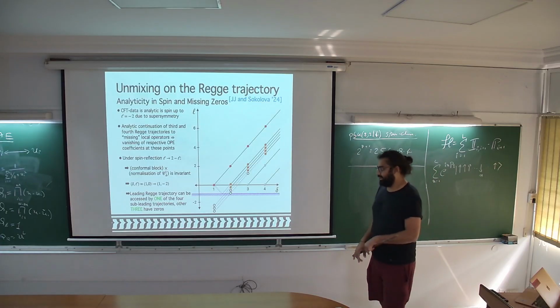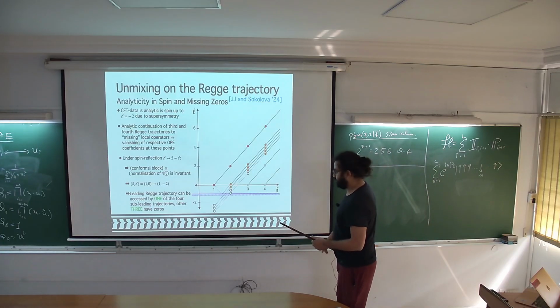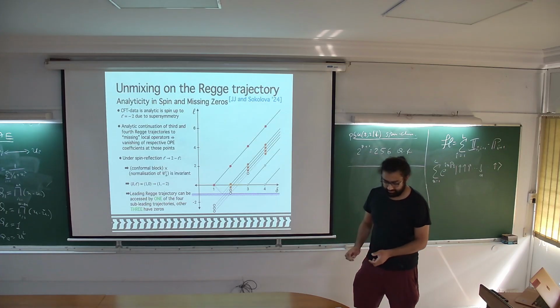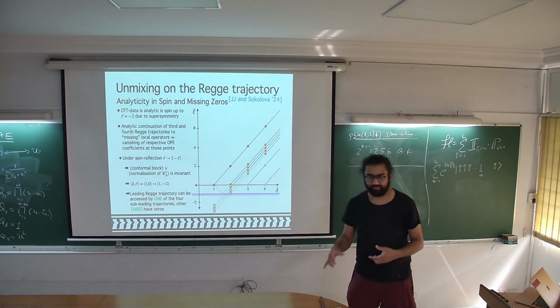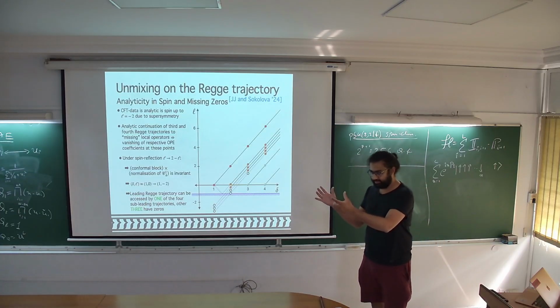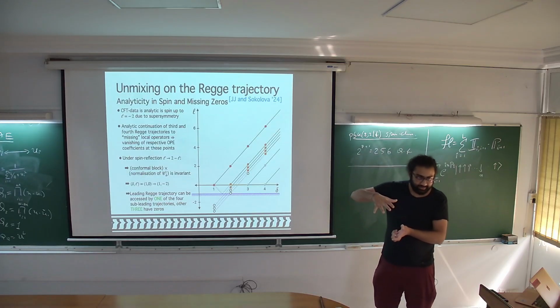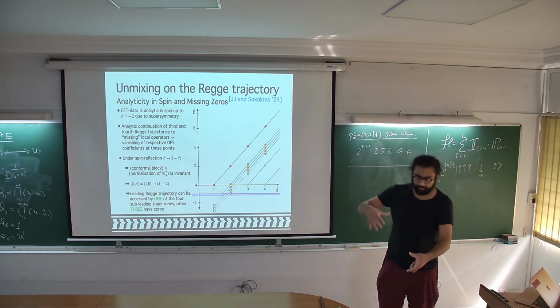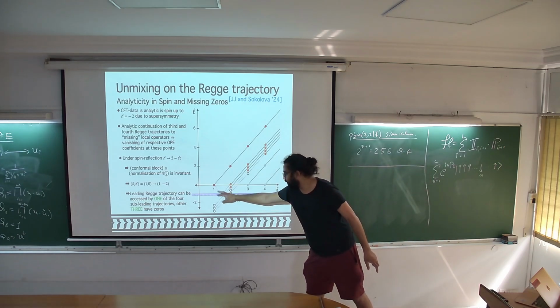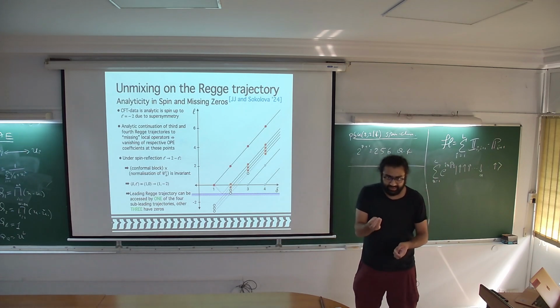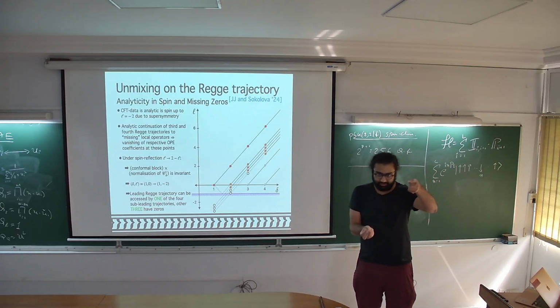So what does that tell you? That tells you the following, and this you can also see at the level of constraints. If you take Fernando and Tobias's constraints for the subleading Regge trajectories and analytically continue them to this point, to delta equals 1, you will actually get back the constraints that they get on the leading trajectory.